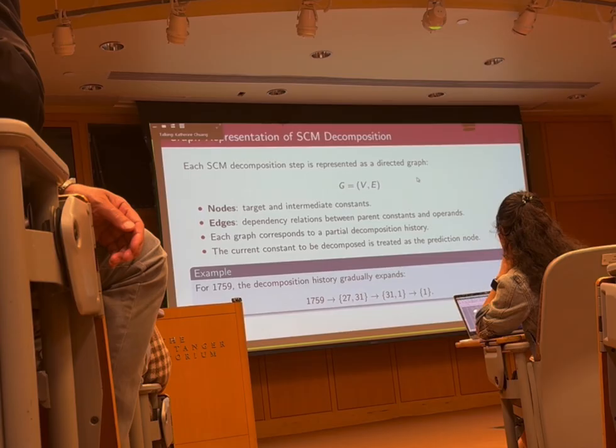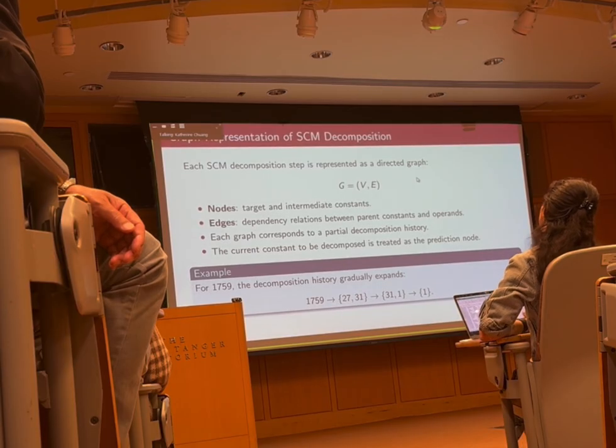So for example, if we have 1759, the decomposition history can be gradually expanded. First it will expand so that the left hand side operand is 27, the right hand side is 31.